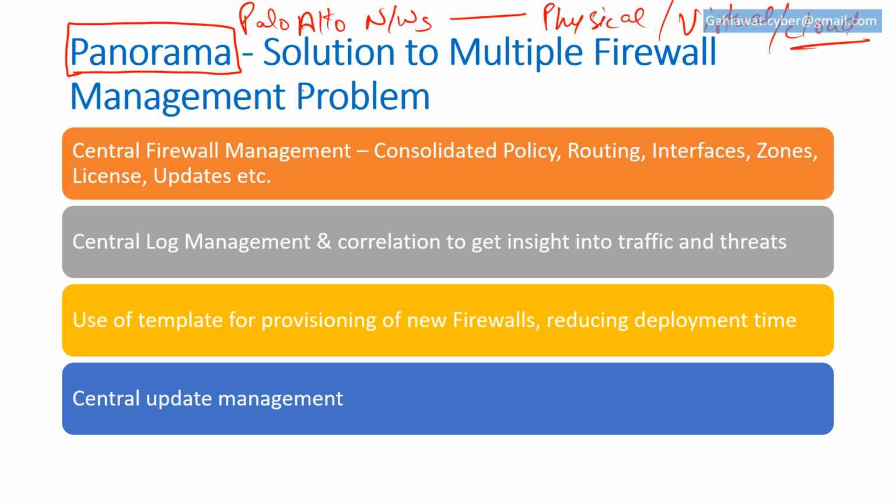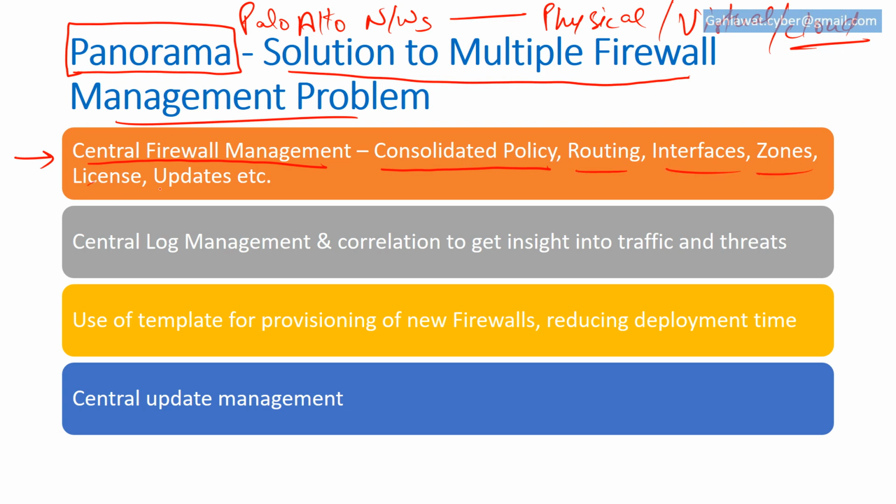So this Panorama is the solution to multiple Palo Alto firewalls management problem. How does it do it? This Panorama appliance can be used for the central management of different number of Palo Alto firewalls. The admins can use this Panorama to create or manage consolidated policy for different firewalls. The routing, interfaces, zones, the licenses, updates for different number of firewalls can be managed centrally using Panorama.